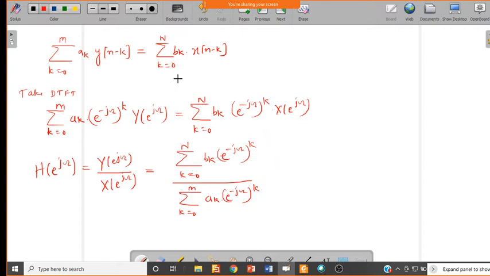Now we are going to solve one problem based on this differential and difference equation, to see how we can get the frequency response.